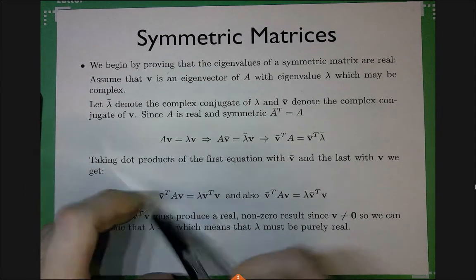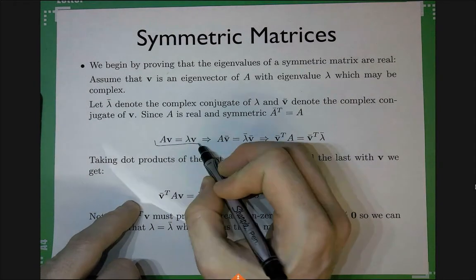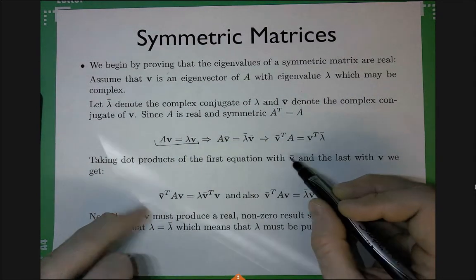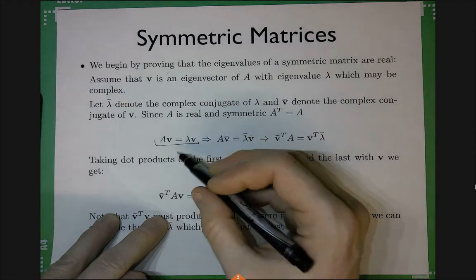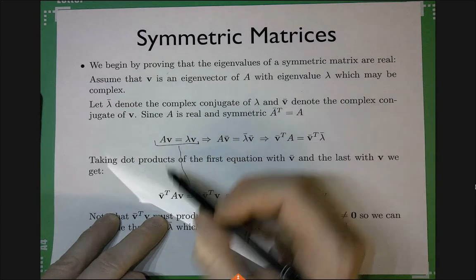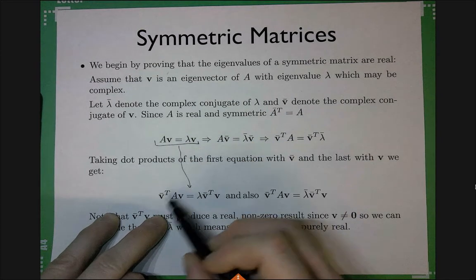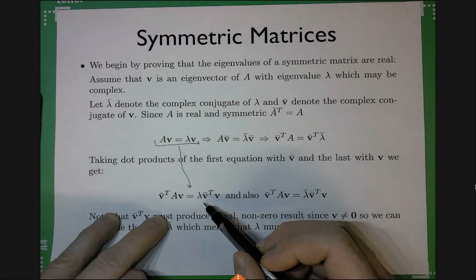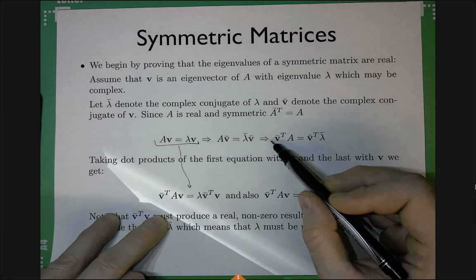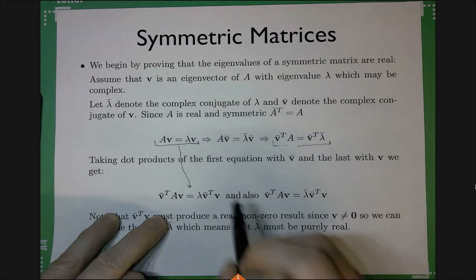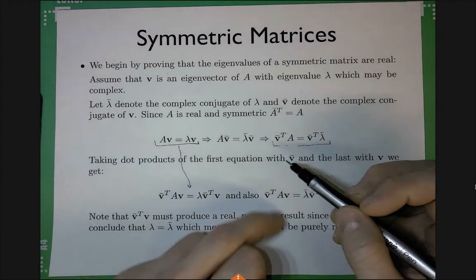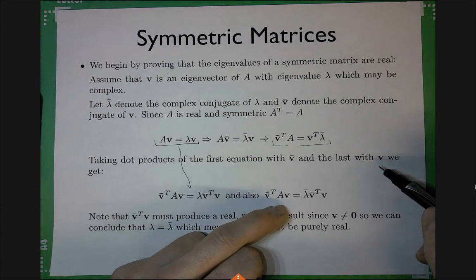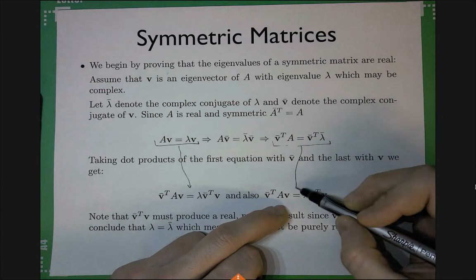And then we dot product this equation with v. I just took this equation and from the right multiplied with v. Then I take the other equation, which I derived previously from the first one, and I multiply it from the left with v conjugate transpose. That leads me to this equation.